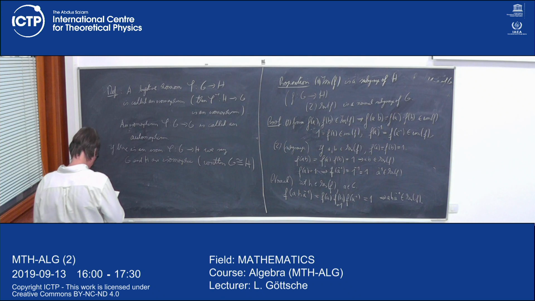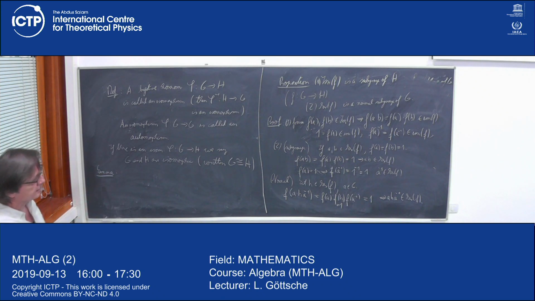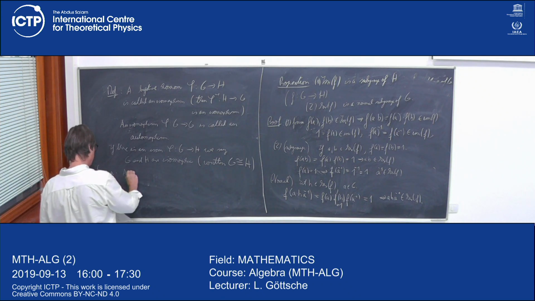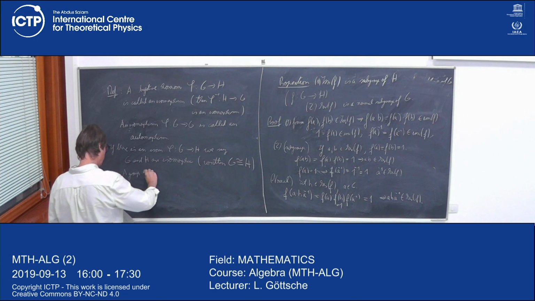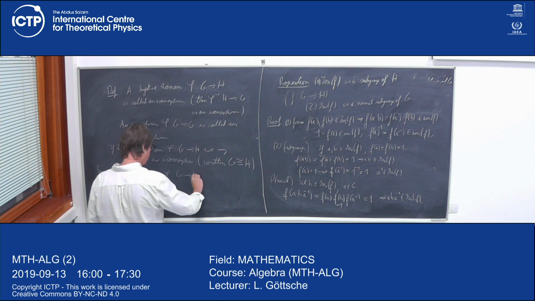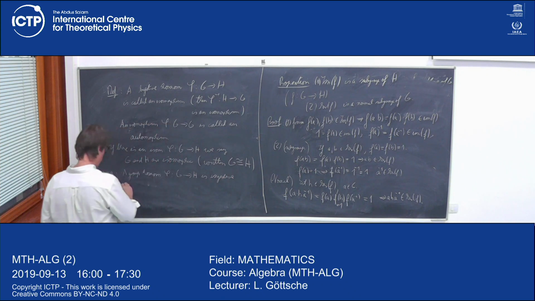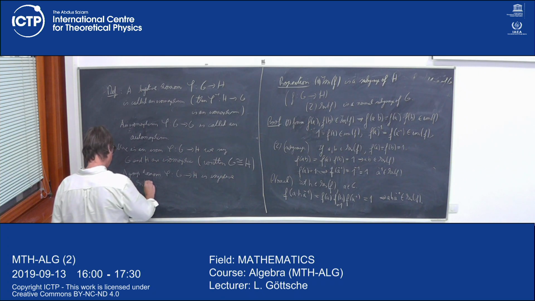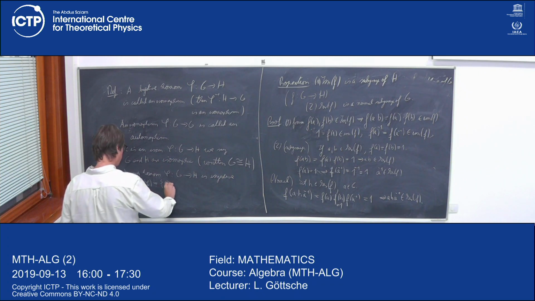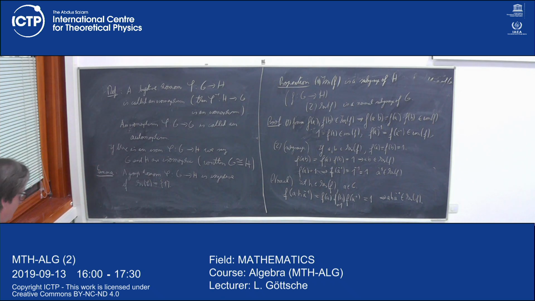Now I also wanted to write this other thing I stated, namely a group homomorphism φ from G to H is injective if the kernel of φ consists just of the neutral element, like you're used to for vector spaces.